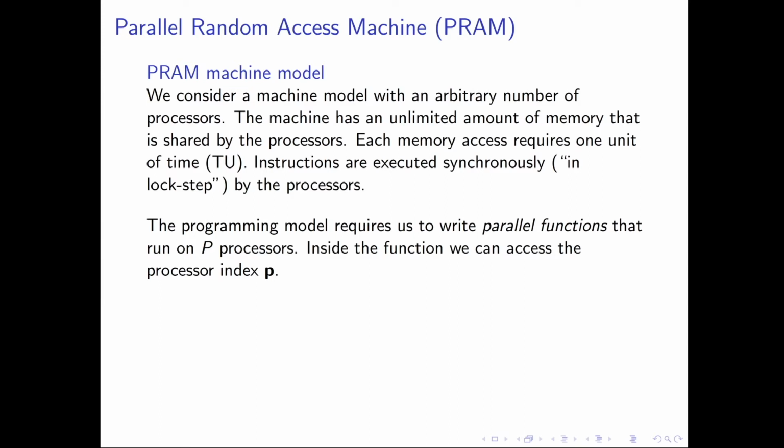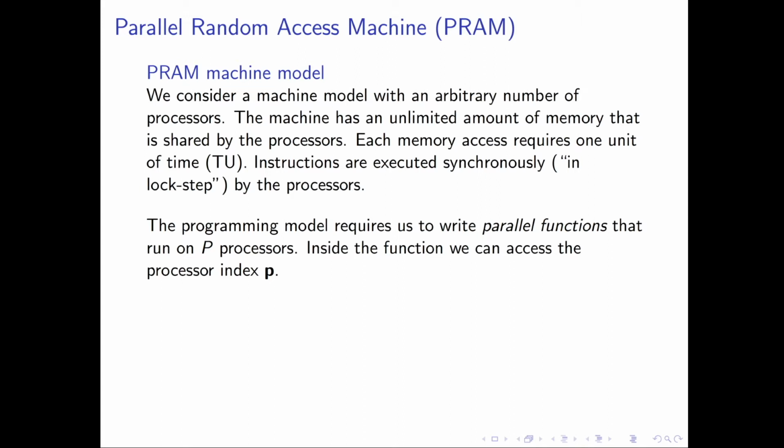So with this knowledge, let me introduce the parallel random access machine, which is a machine model for parallel algorithms. This machine assumes that we have an arbitrary number of processors and an unlimited amount of shared memory. That memory is shared by the processors, and as this is an idealized model, we also assume that each memory access requires exactly one unit of time.